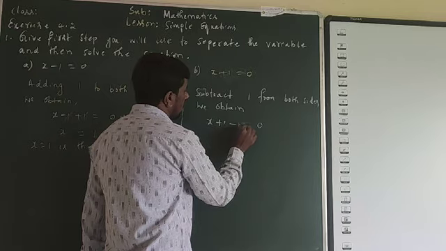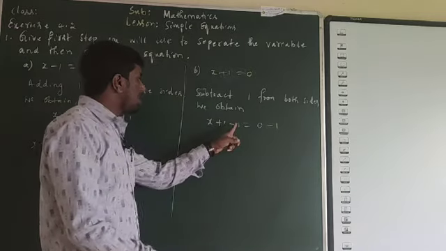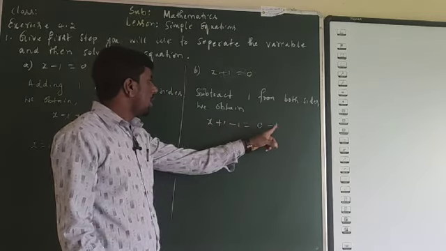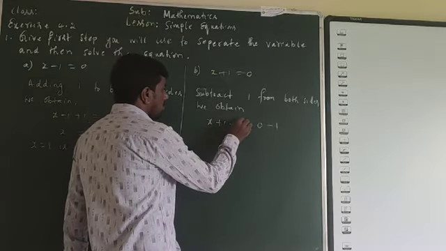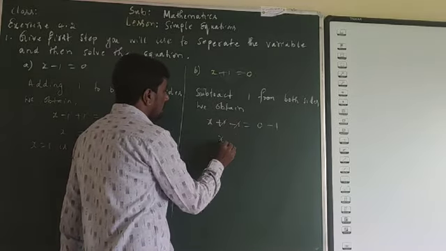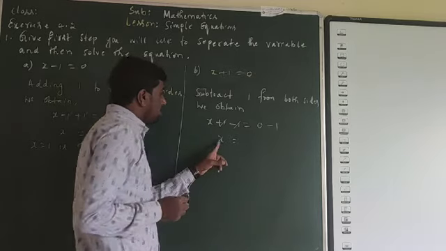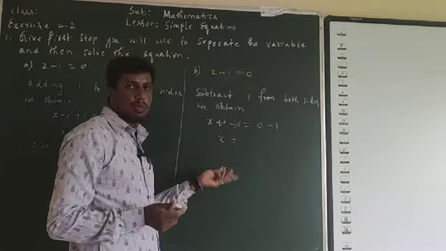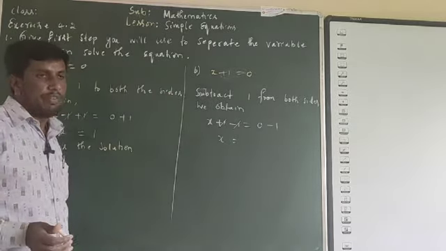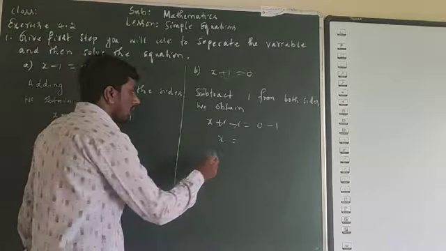I need to subtract 1 on both the sides, right? 1 is subtracted from the LHS, and also from the RHS, right? So plus 1 minus 1 will get cancelled, that is 0. Only x is remaining. Look at that. I am having only the variable. I don't have any coefficient, I don't have any values added, subtracted, multiplied or divided with the variable. I have only x. My LHS is clear.